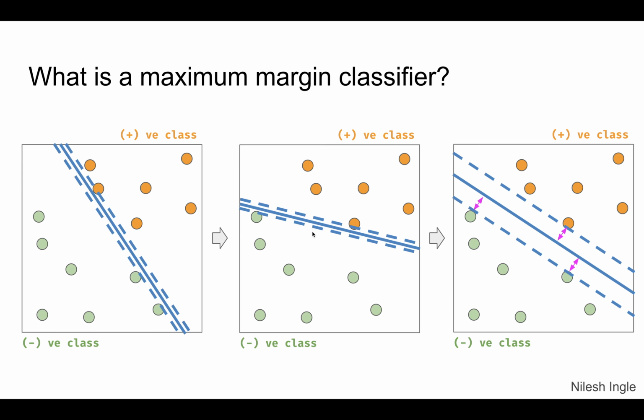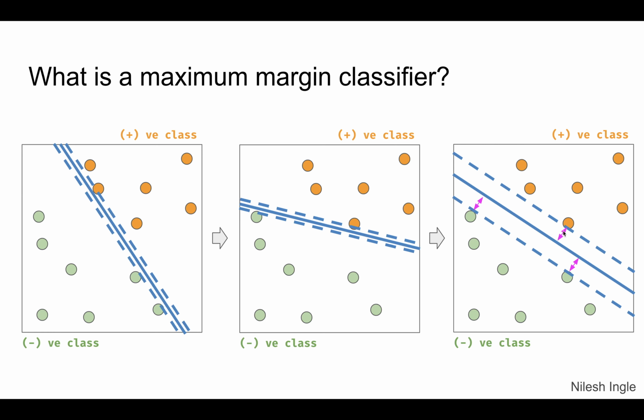So another idea is to have the ability to generalize more to a new data set. What we want is a margin such that we can get the maximum space of separation between the 2 classes. If we look at the figure on the right, we see that this is the max.